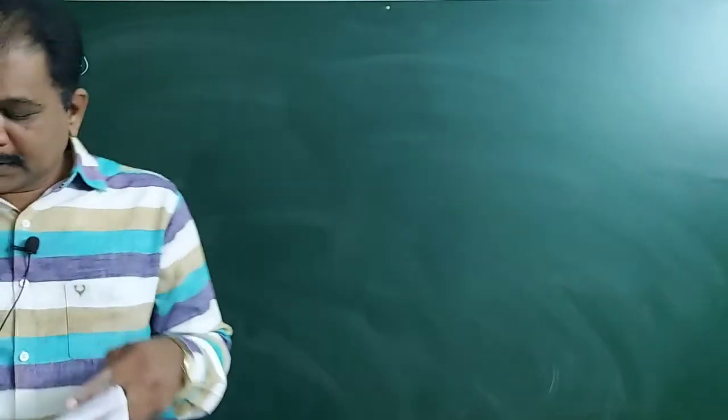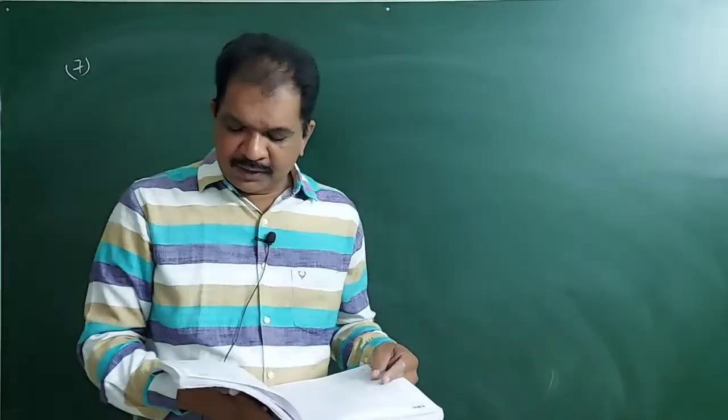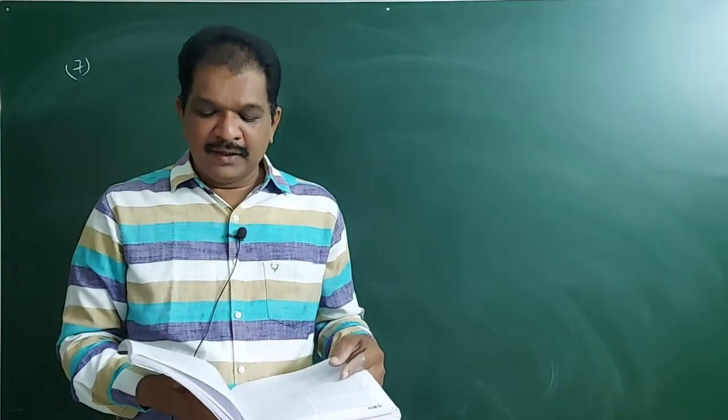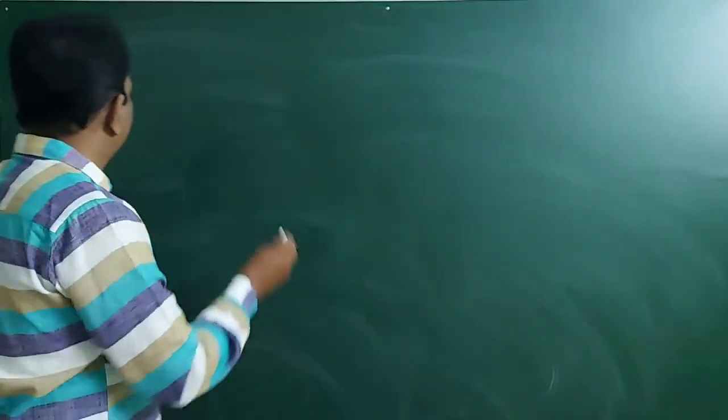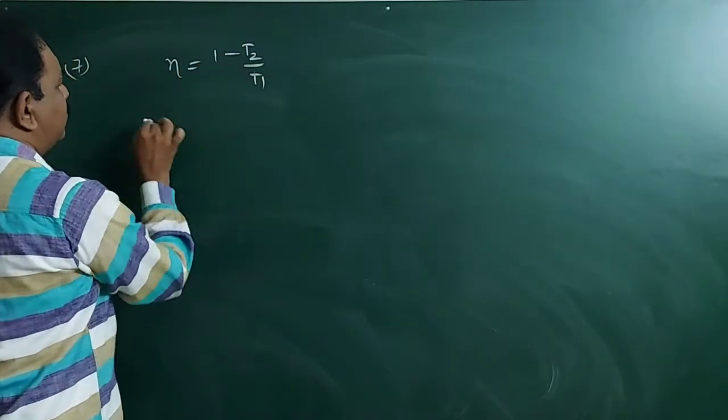What they are asking, seventh question, see: for which combination of working temperatures is the efficiency of the Carnot engine least? Same, eta is equal to 1 minus T2 by T1.